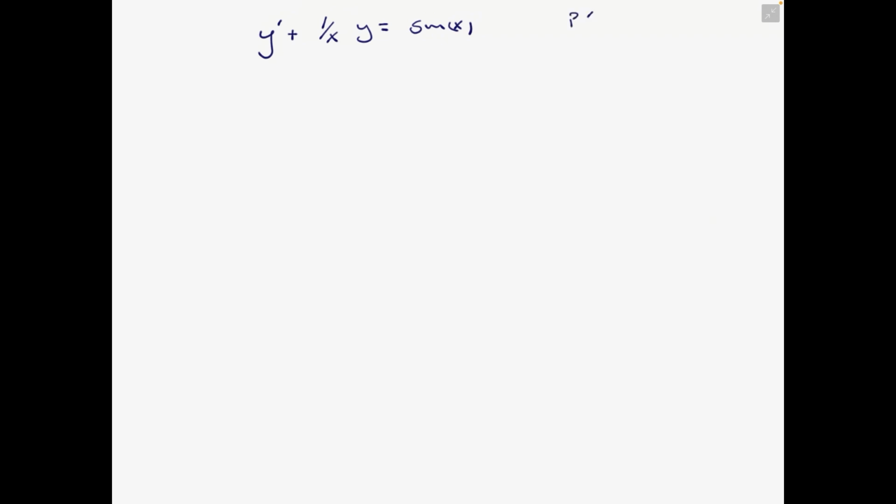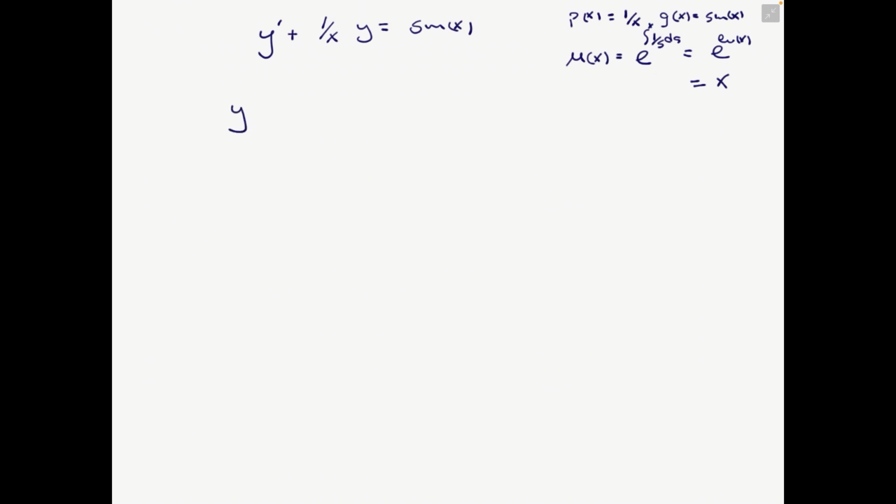All right, so p(x) is 1/x, g(x) is sin x, mu(x) is equal to e to the integral of 1/s ds, which equals e^(ln x), that's equal to x.